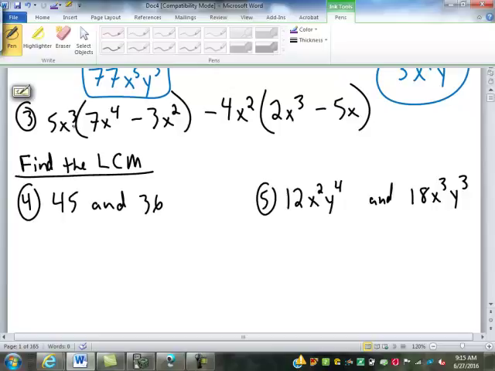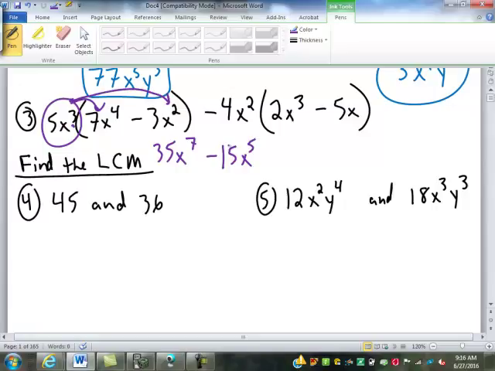The first set here is 5x to the third times what's in the parentheses. So 5x to the third times 7x to the fourth is 35x to the seventh. Good. Then it's 5x to the third times a -3x squared, -15x to the fifth. Good.